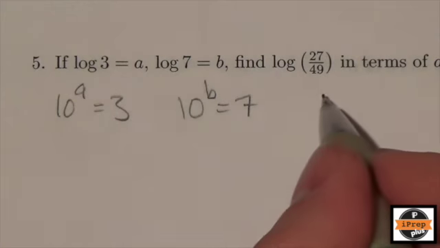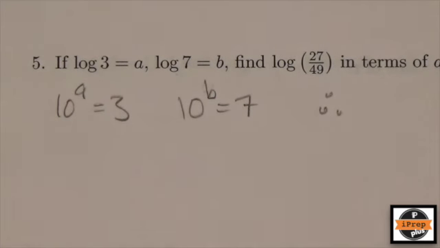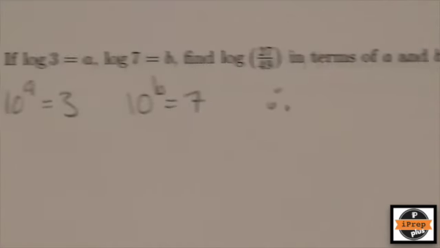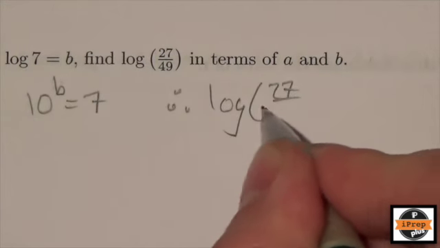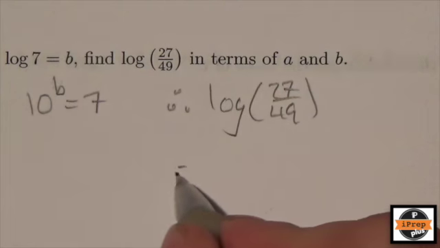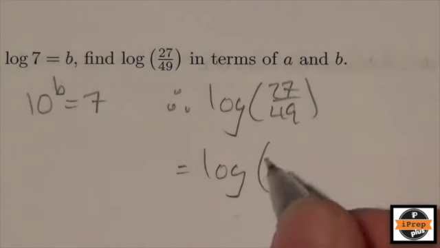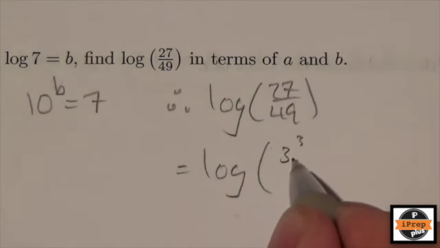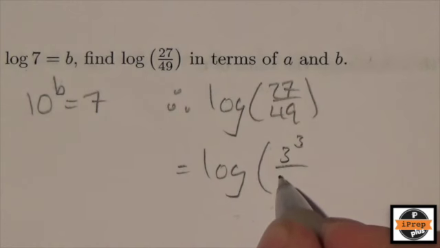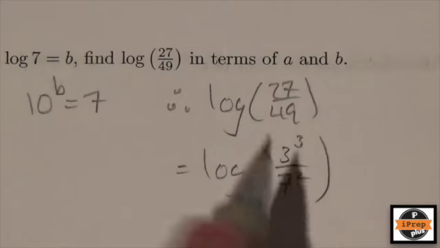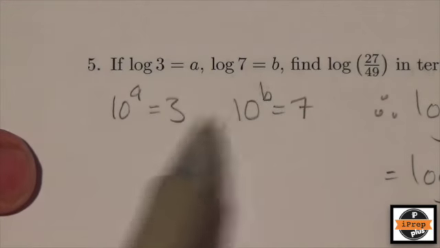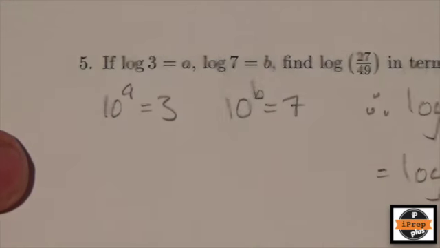Now I'm going to take a look at the log of 27 over 49. 27 is going to be 3 cubed, and 49 will be 7 squared. I need the 3 and the 7 to pop out, because over here, this is what I've got my power set equal to.